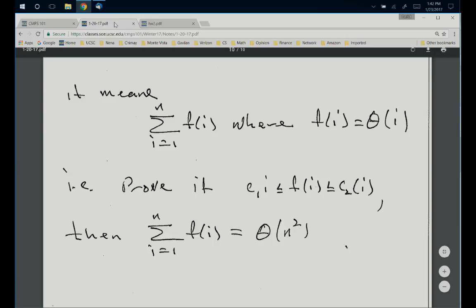Here's another example. n to the k is in the class little o of e to the n for any k greater than 0. Okay, proof.